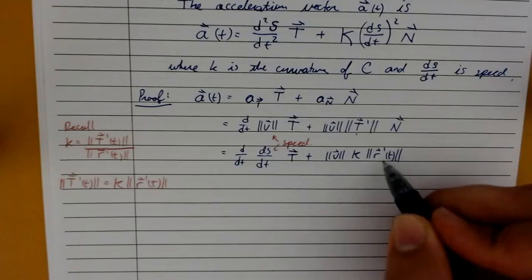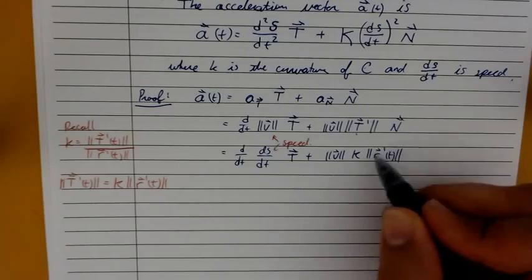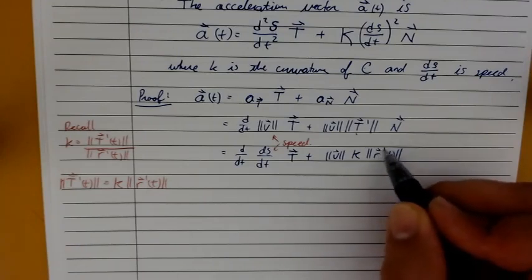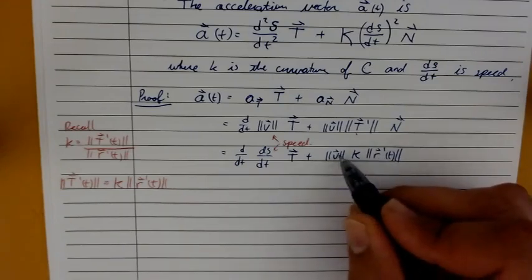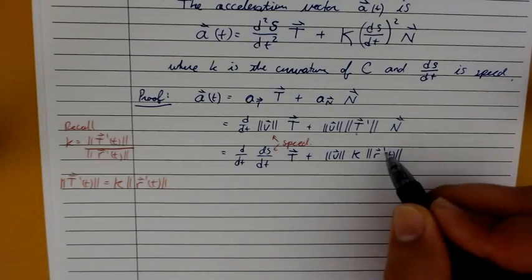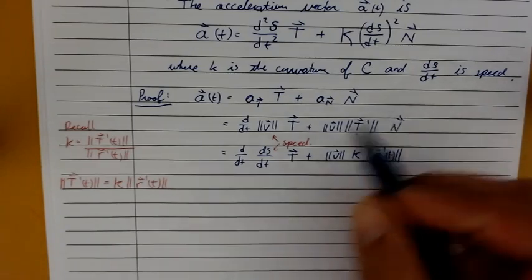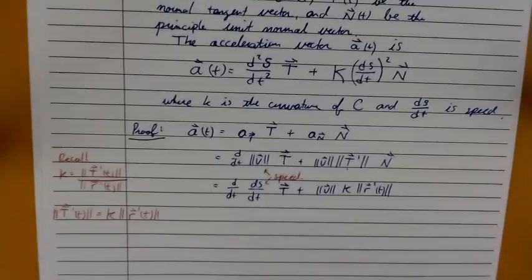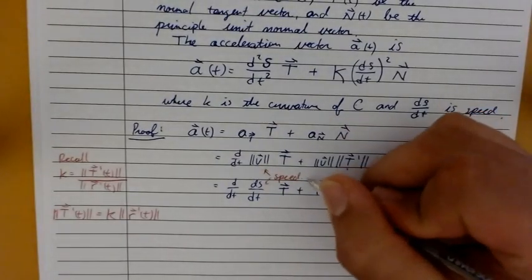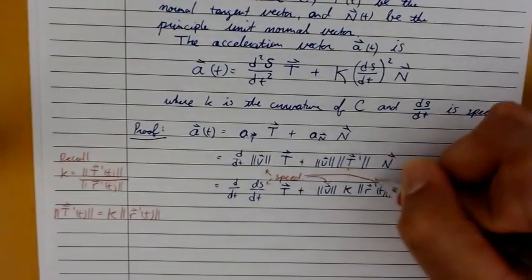Oh, but there you go. r of t is a position vector, which means that the derivative of the position vector is the velocity vector. So really this is just the magnitude of v, and that's another magnitude of v. But we just saw that v's magnitude is the speed. So here, this one is speed, and so is that one.